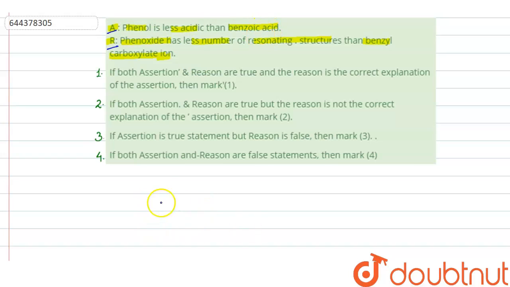So let us check. Basically, the acidity of an acid depends on the stability of its conjugate base. So acidity is directly proportional to the stability of its conjugate base.